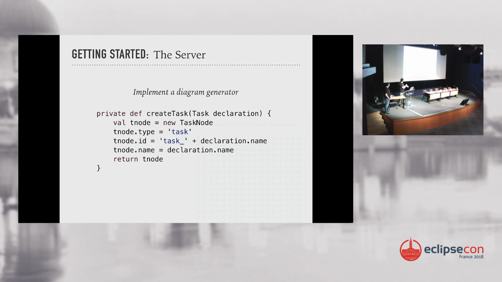Here we extended the Sprotty structure with our own task node class. And we assign some properties like a type, that is the diagram element type, an ID to identify it, and some name which will be shown in the view then. And that's really all we need in this particular example. Of course, in your application, it could be more involved to get the data, but it really depends.